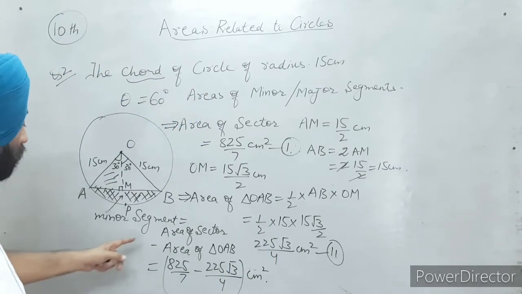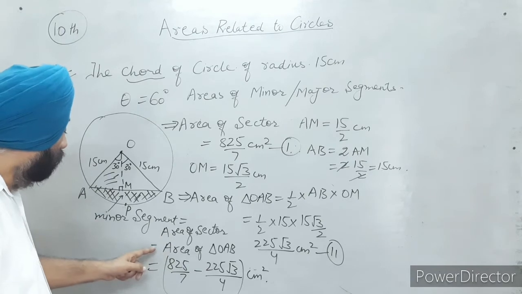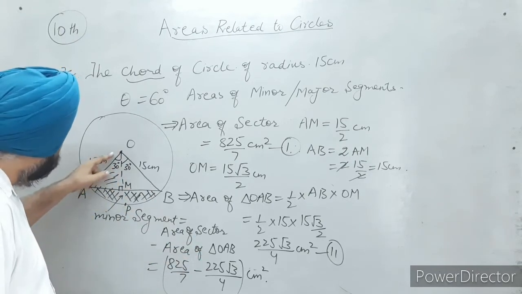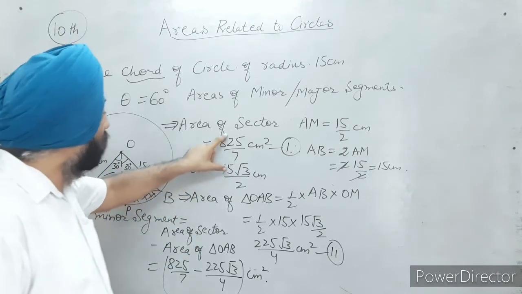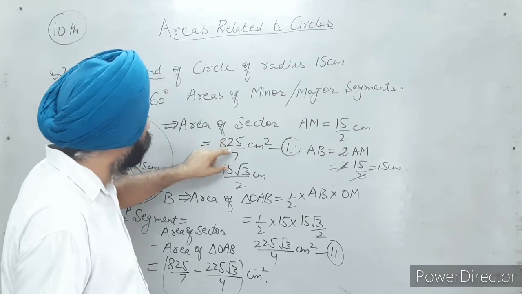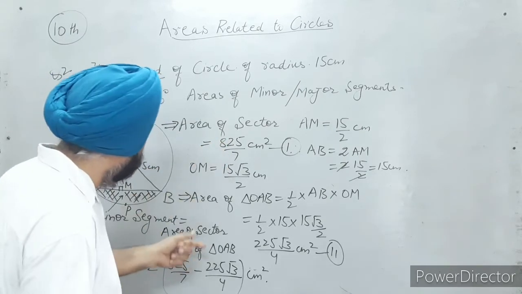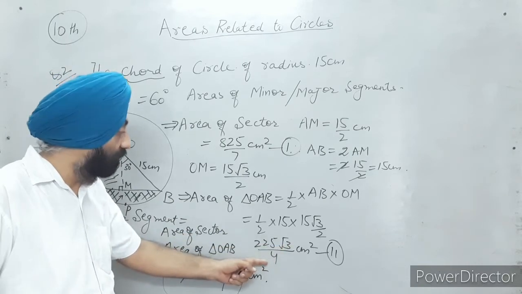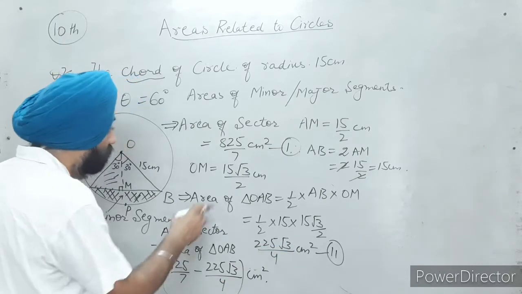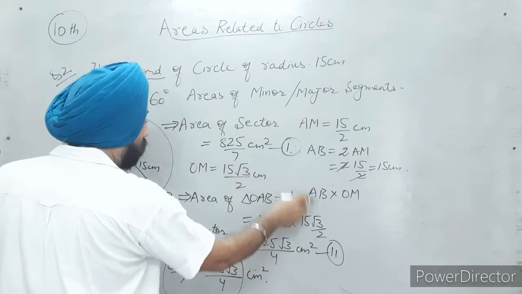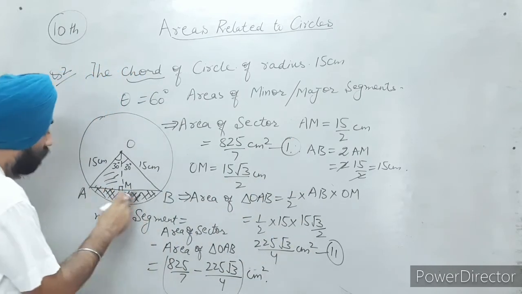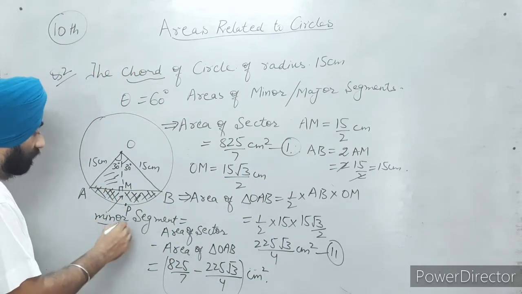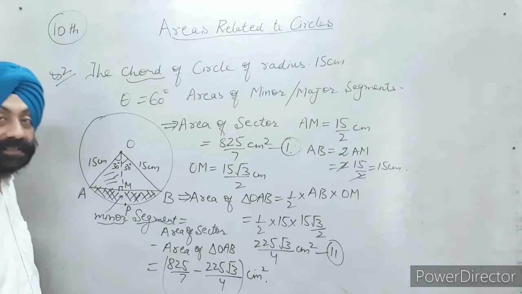This is area of the sector minus area of the triangle OAB. I had area of the sector as 825 by 7 centimeters square. I had area of the triangle as 225 root 3 by 4 centimeters square. Just subtract second from first, you get the area of the minor segment.